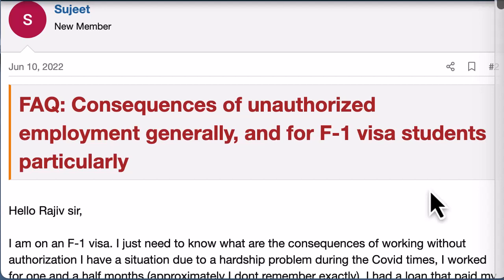unauthorized employment can be a big problem for those visas where your intention to remain or to come back to your home country is extremely important. What are those visas? For example, tourist visa, B2, B1, business visa, J visa, F visa, like F1 student visas.